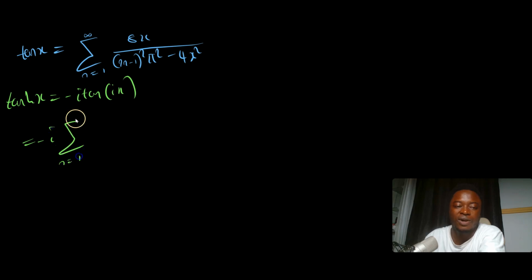As we say, the hyperbolic tan of x will be negative i times tan of ix, right? Which will be negative i times the sum as n runs from 1 to infinity. So ix here would be a negative, because I'm not even sure for this relation. Let me see.